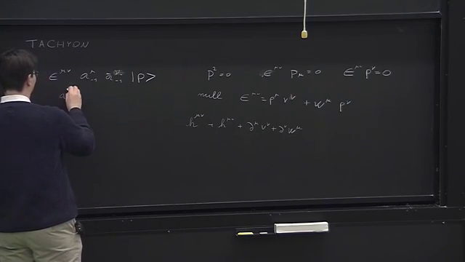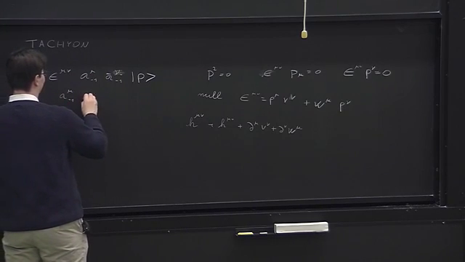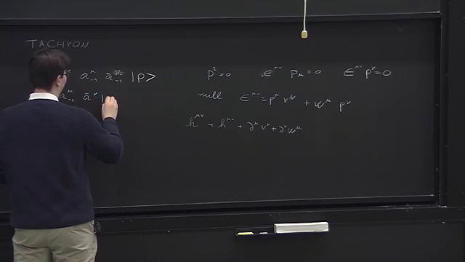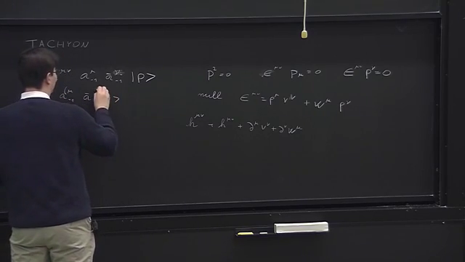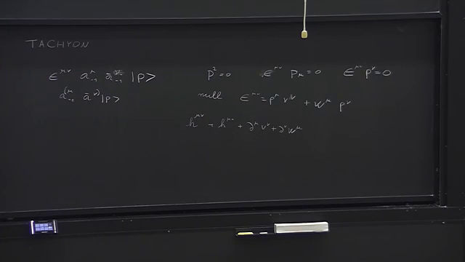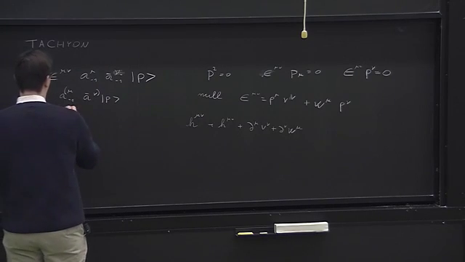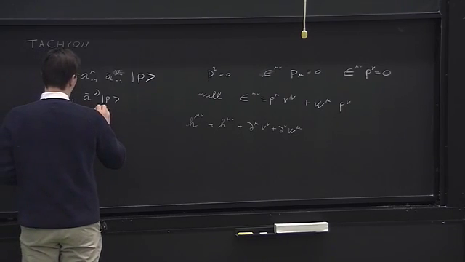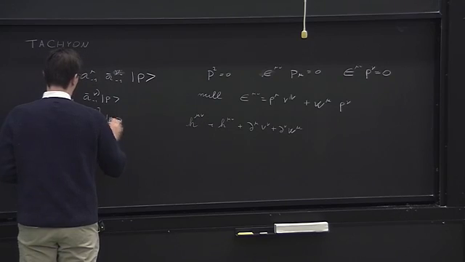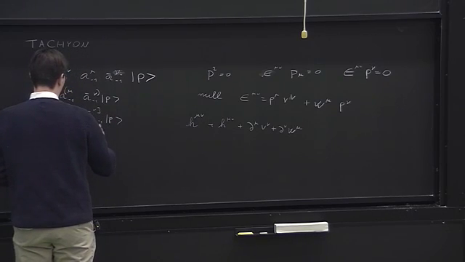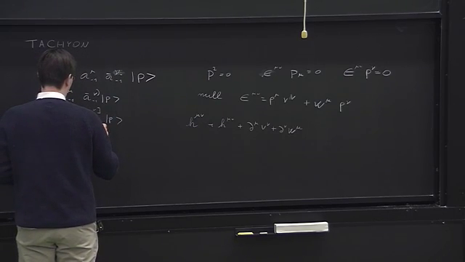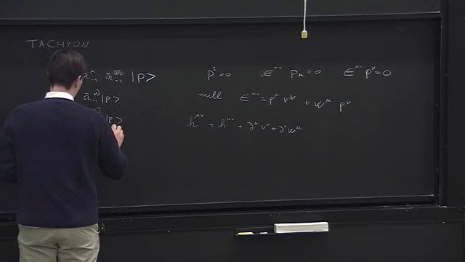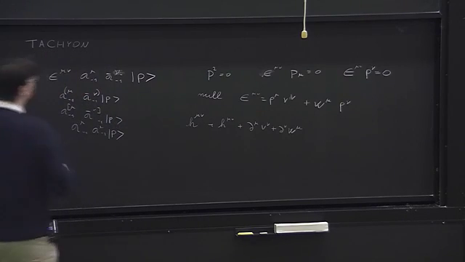So there will be a bunch of states where I symmetrize and take away the trace, a bunch of states where I antisymmetrize, and then some where I take the trace.